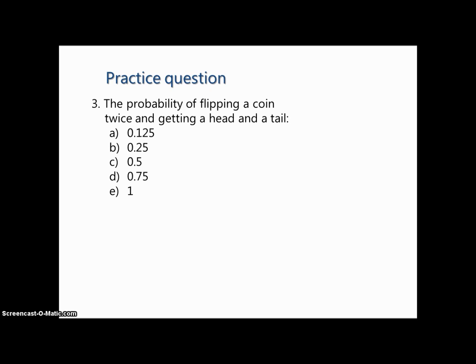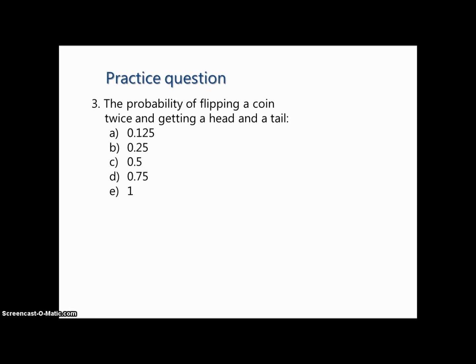Now, what's the probability of flipping a coin twice and getting a head and a tail? This is a little bit trickier, so pause the video and try to work it out for yourself. This is tricky, and the reason I'm giving you this is because it relates to the probability of getting a heterozygote.